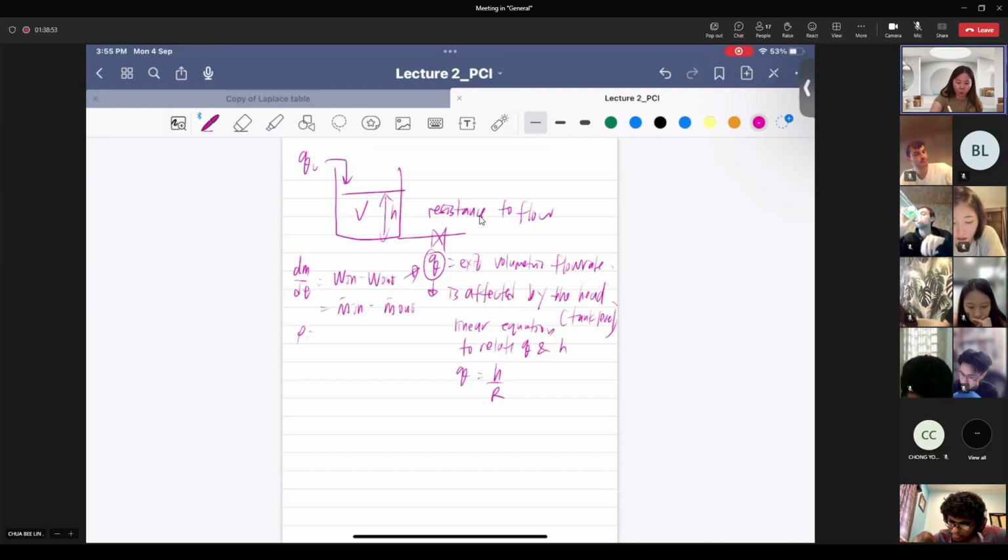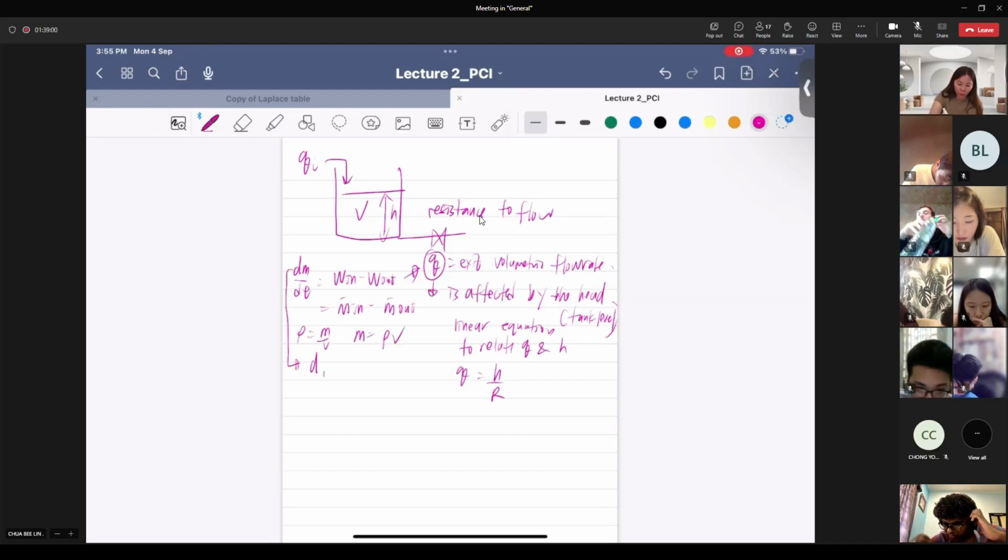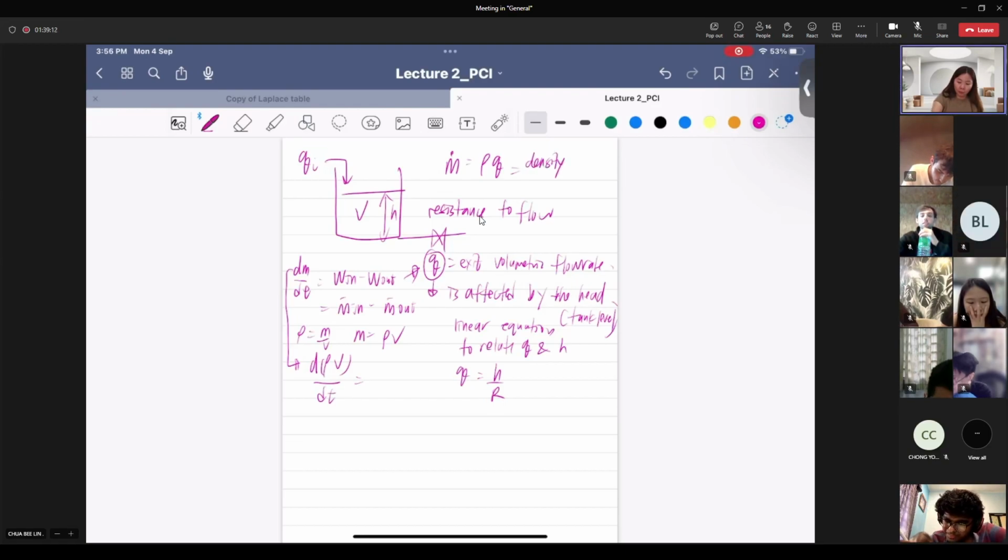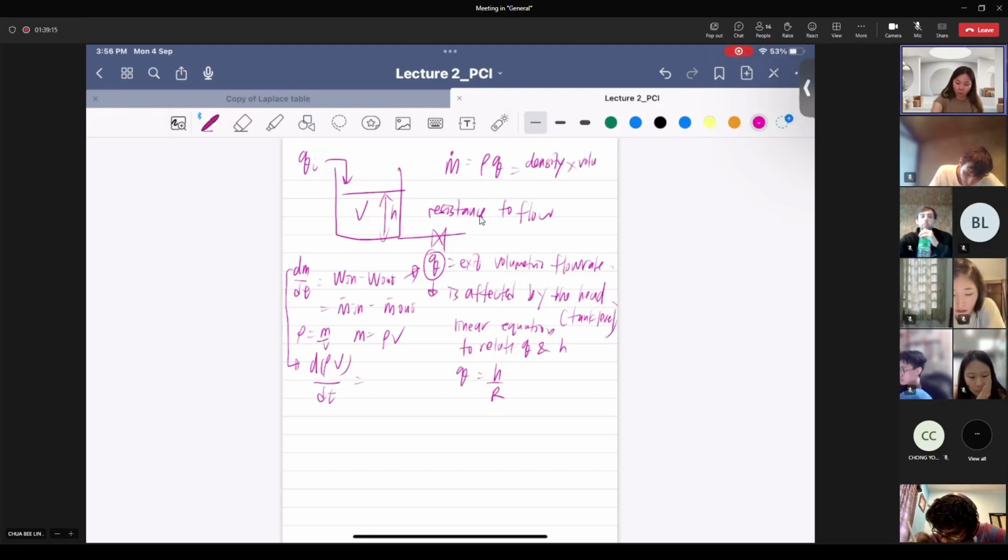So rho equals m per V, m equals rho V. So this equation will be d rho V over dt equals mass rate. So mass rate will be using rho Q, which means you use the density multiplied with the volumetric flow rate.